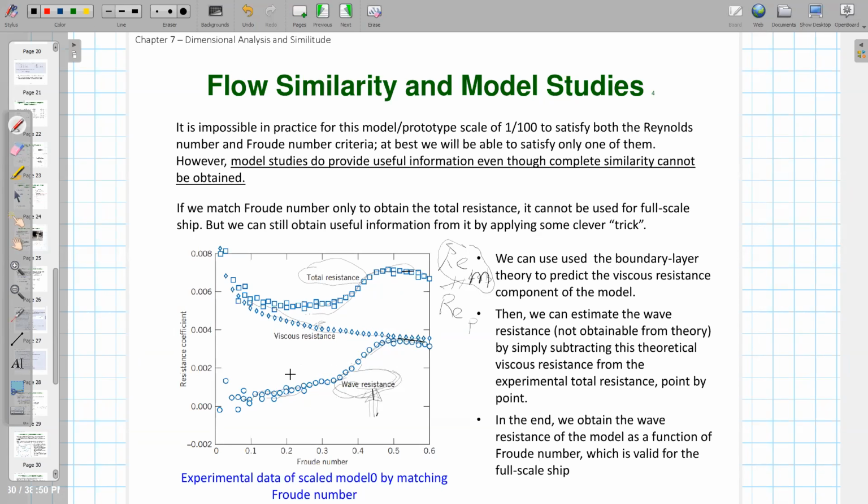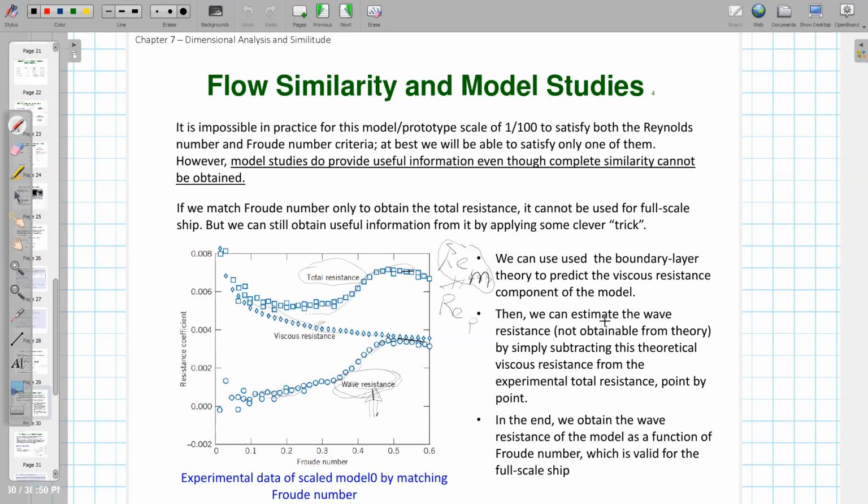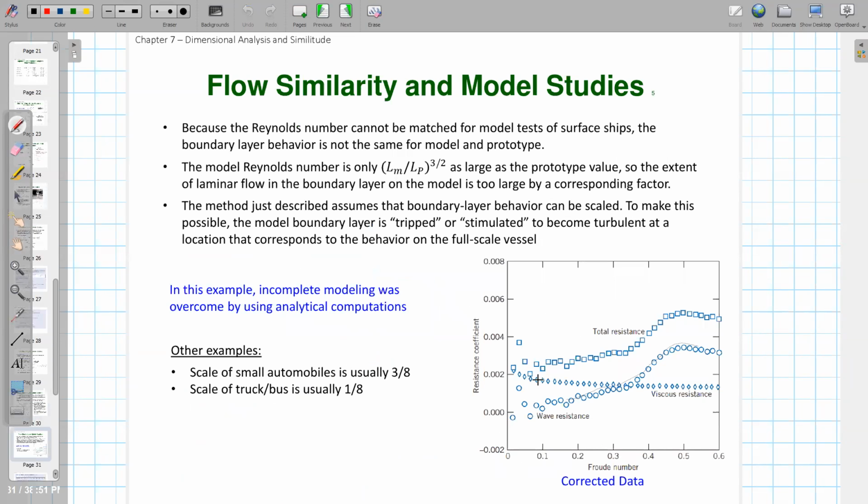And then we do the second fix. This wave resistance is good. Then we use the same boundary layer theory, but now we use the realistic prototype Reynolds number to redo the boundary layer theory, so that we can regenerate the curve of the viscous resistance from CFD or other software.